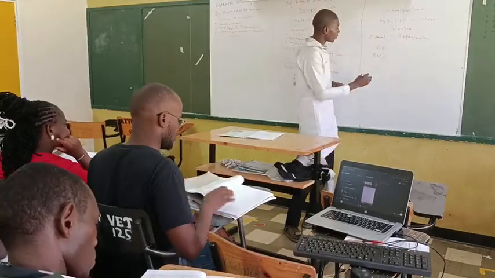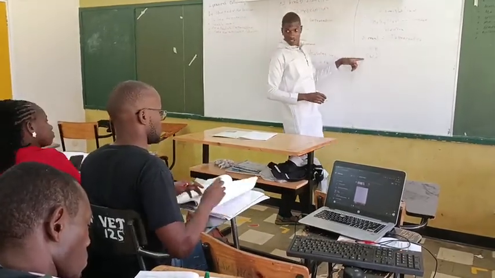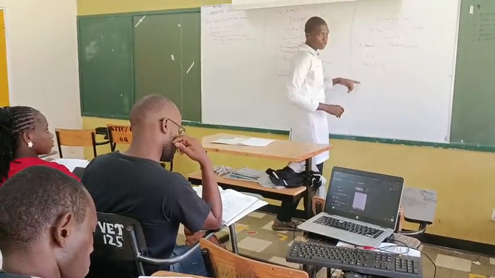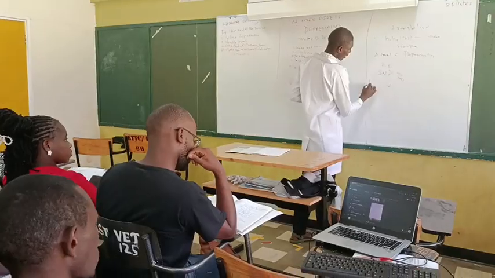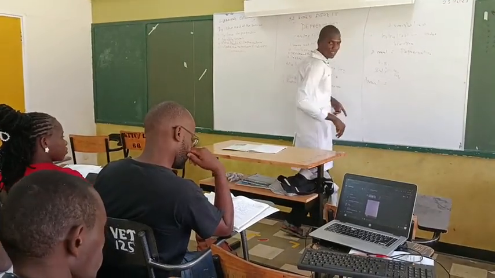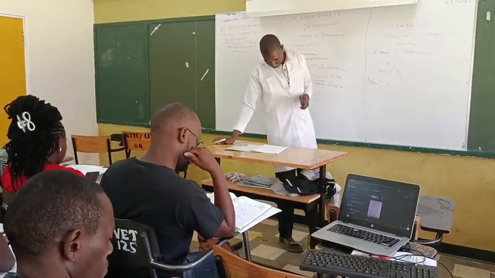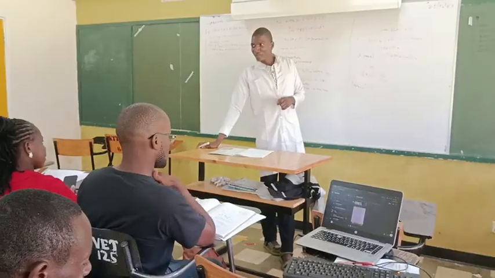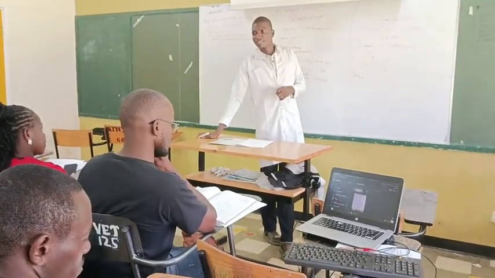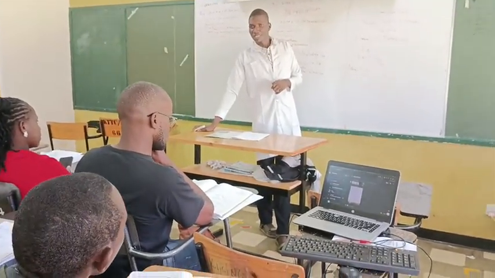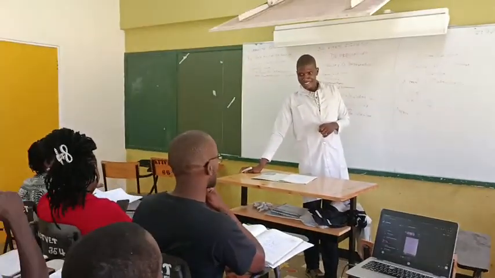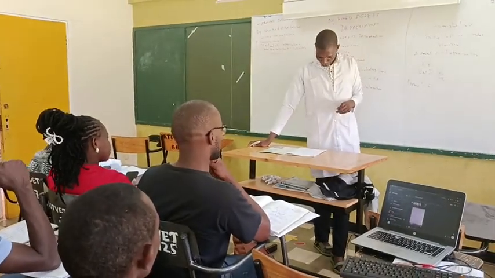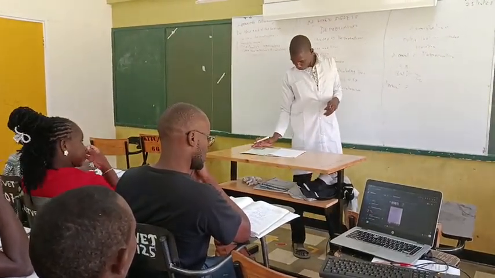For example, say you are given 20%, you take the initial cost, then you multiply by the 20% in order to get the annual depreciation. Are we together? Any question up to there? No question. That means everybody is okay.